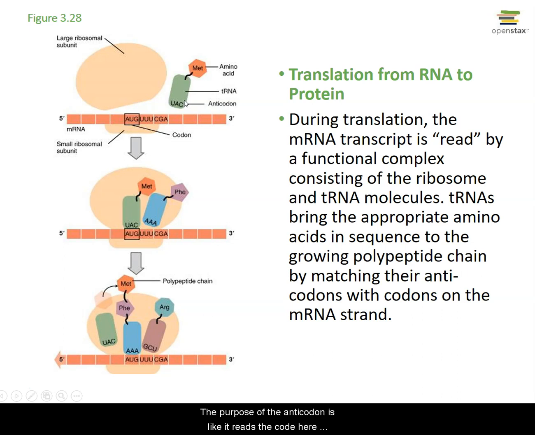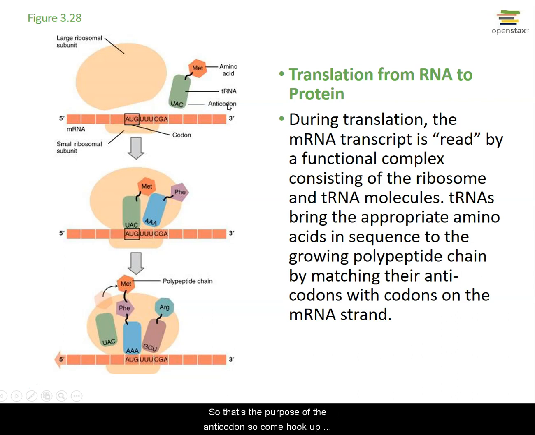The purpose of the anticodon is like it reads the code here of the codon, so if this anticodon doesn't match, it does have an amino acid that is specific to this particular transfer RNA molecule, and if it's not the right amino acid, it will not match up with the codon. The anticodon and the codon will not match up, but you see AUG, UAC is complementary to this codon.